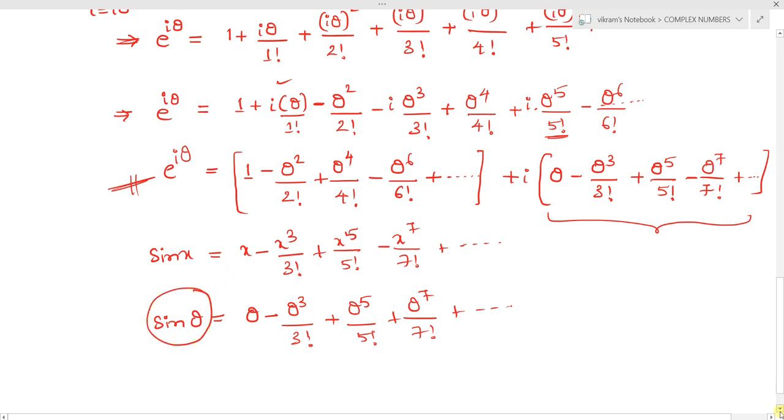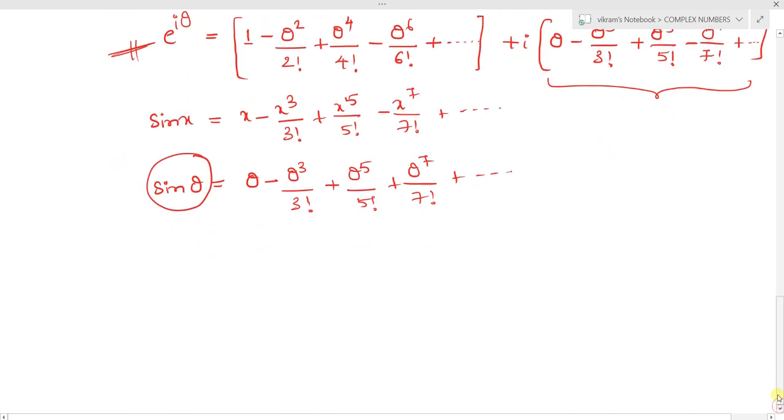And we know the series expansion of cos x. What is the cos x series? 1 minus x square by 2 factorial plus x power 4 by 4 factorial, minus x power 6 by 6 factorial, plus x power 8 by 8 factorial, and it continues.